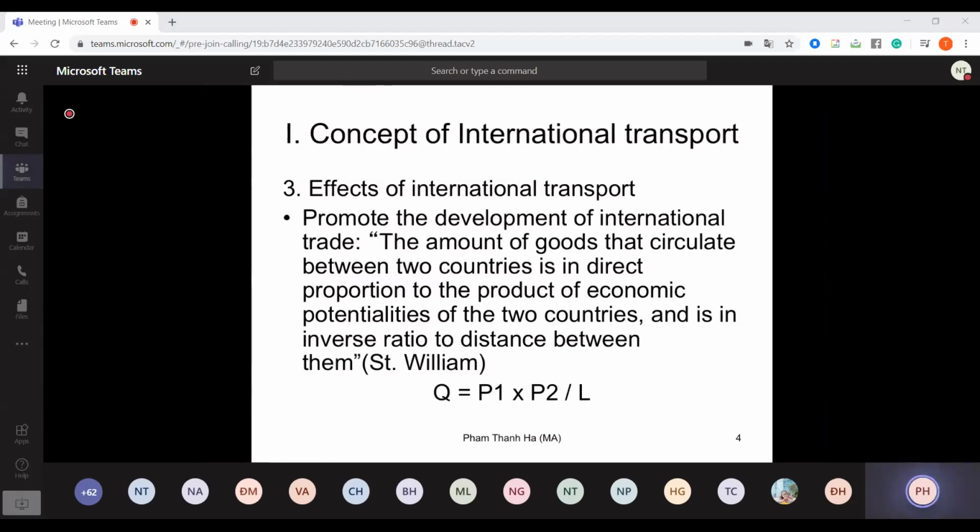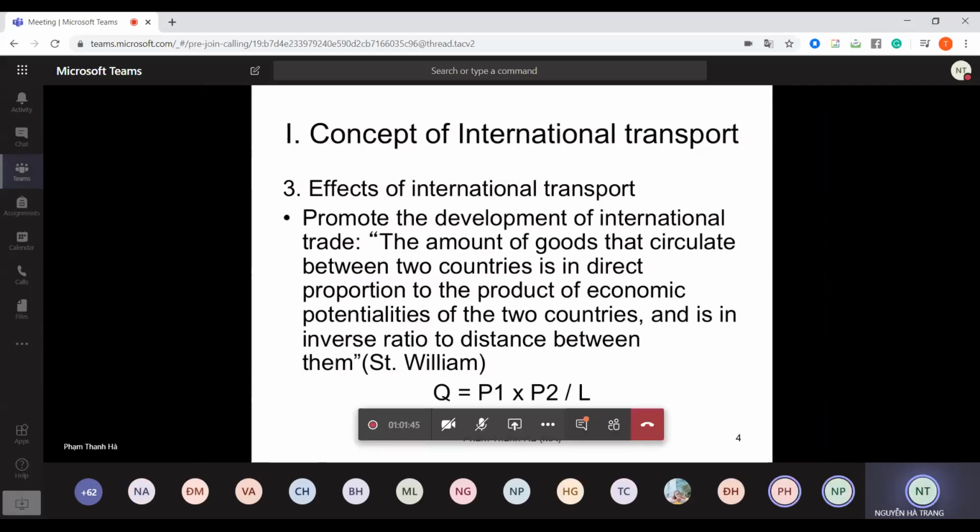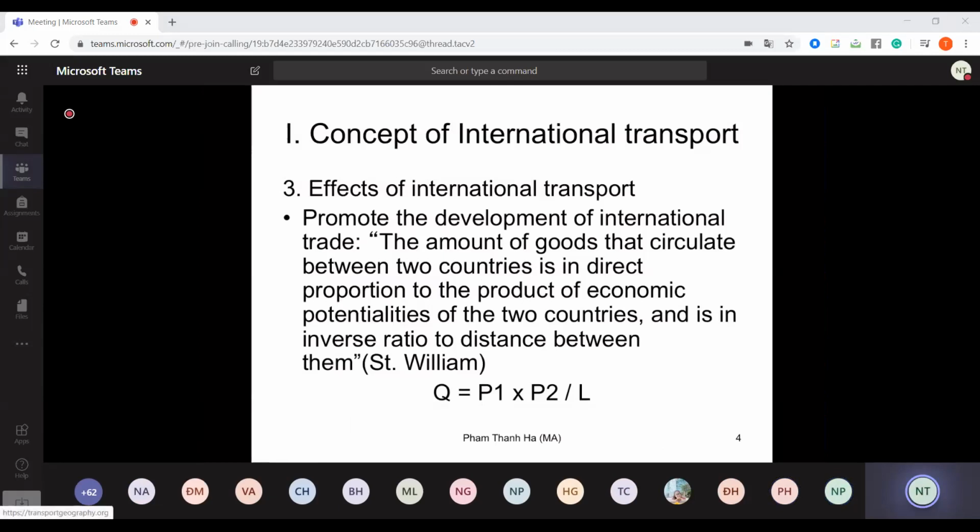And how about the impact of international transport on international trade? Any opinions? I think that the cheaper the international transport, the more international trade will happen. That's the relationship I think about.